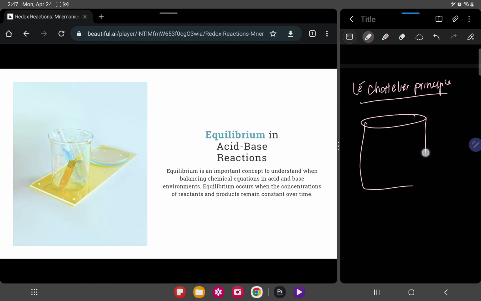Say, for example, this is a beaker, and the Le Chatelier principle says that sodium plus chloride will become sodium chloride at pH 7. The principle explains that sodium chloride doesn't remain just sodium chloride.